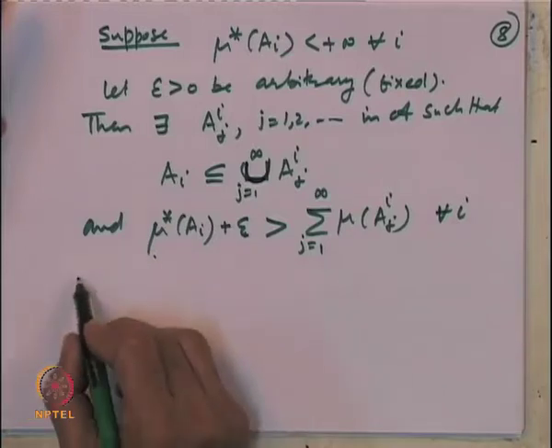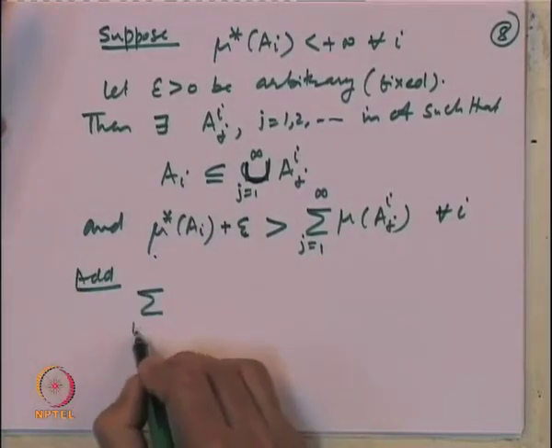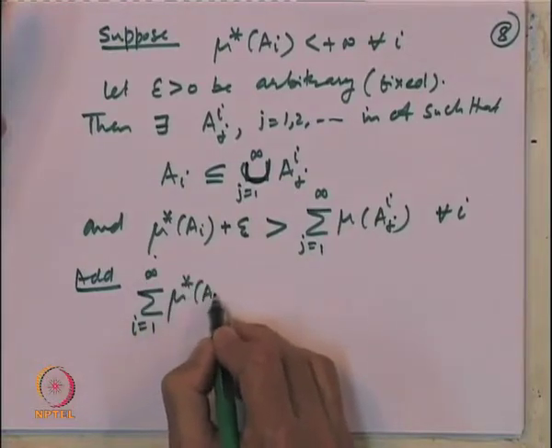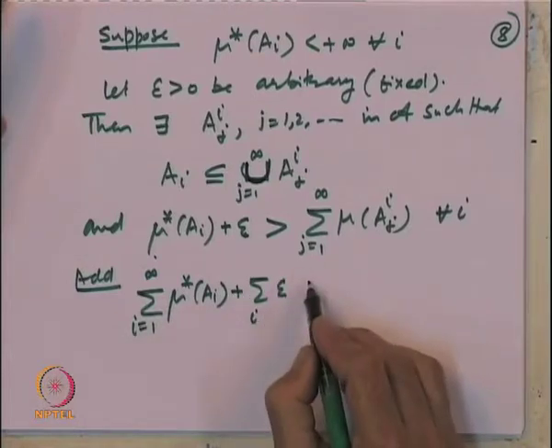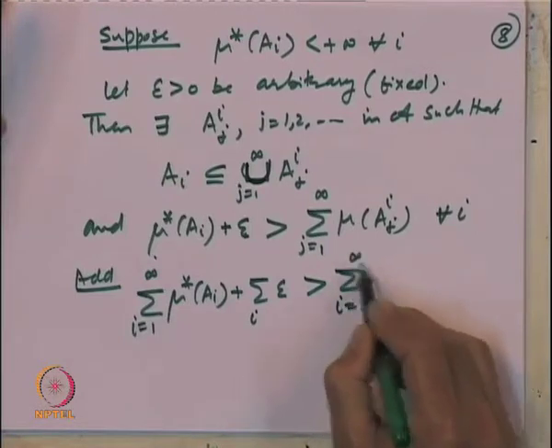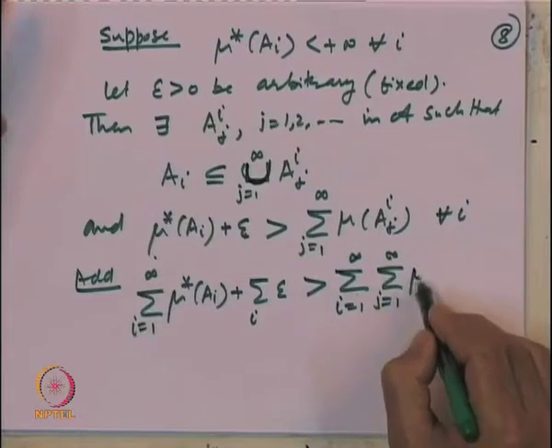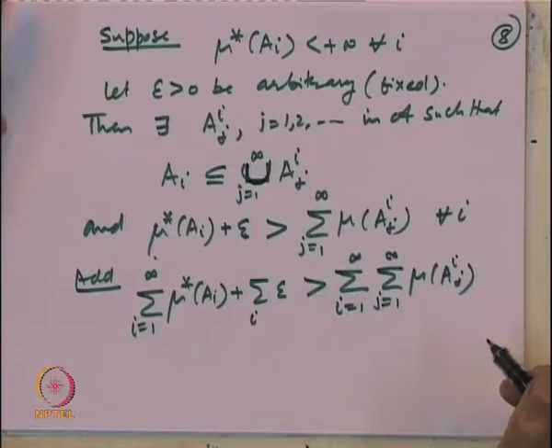So, if we add up these equations over i, summation over i equal to 1 to infinity of mu star of A_i plus sigma epsilon over i is bigger than sigma over i equal to 1 to infinity, sigma over j equal to 1 to infinity of mu of A_ij, right.